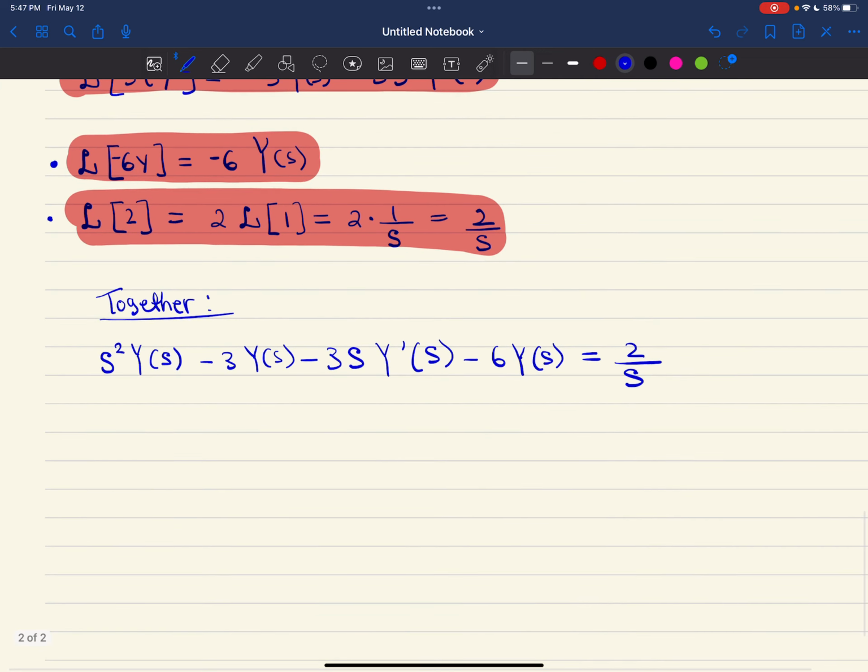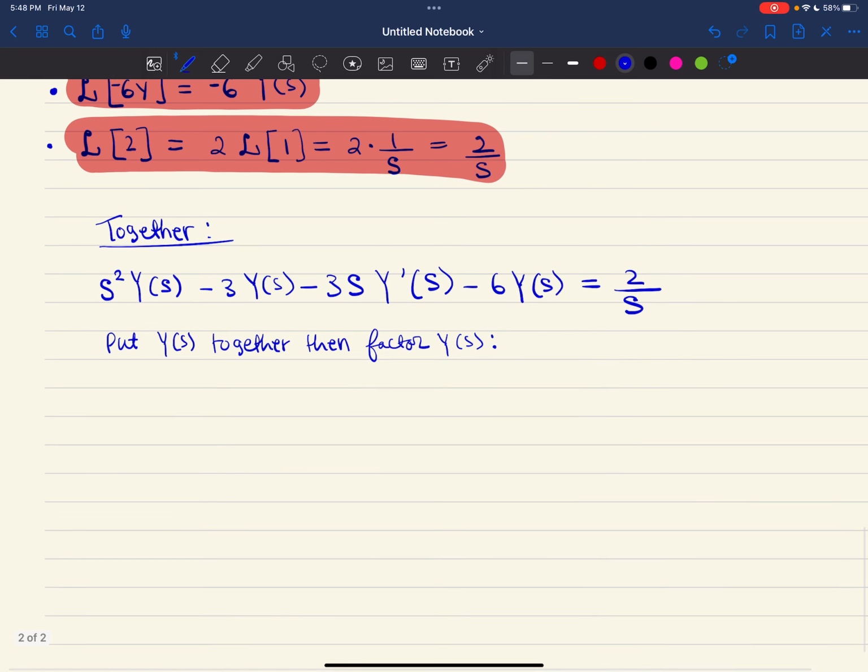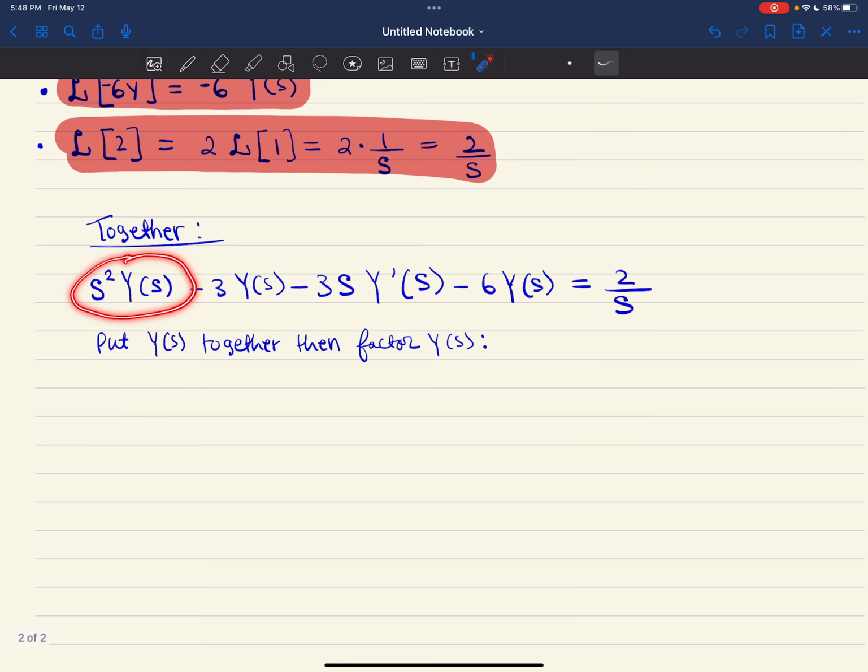All right, good. Now we're going to put terms with big Y of s together, then factor big Y of s out of them. I'm just going to skip a little bit of steps here.